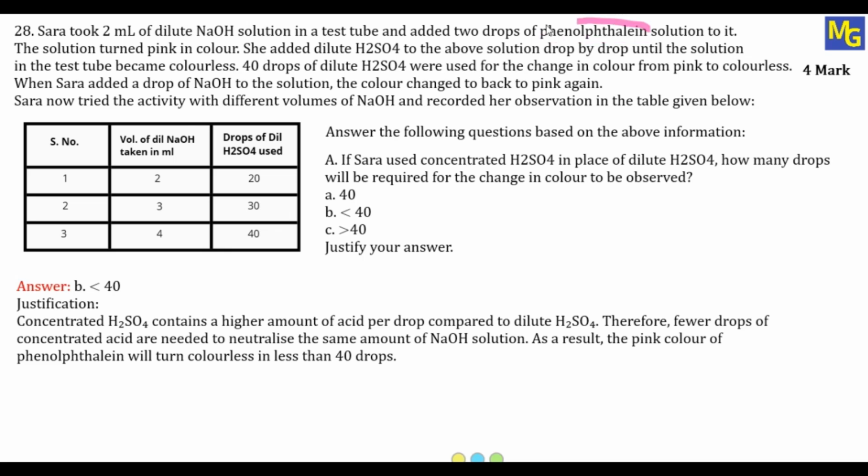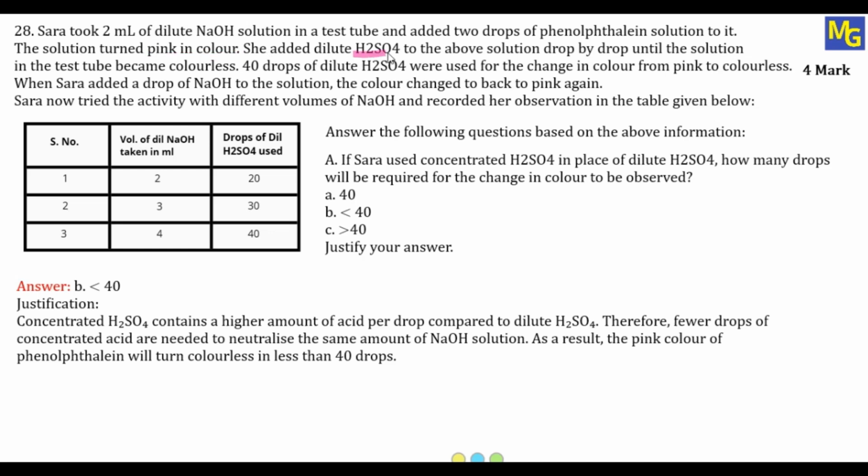Phenolphthalein is one of the common acid base indicators which gives pink color in base and remains colorless in acid. As I told, when it is added to a base, it should give pink color. So the solution turned pink in color.